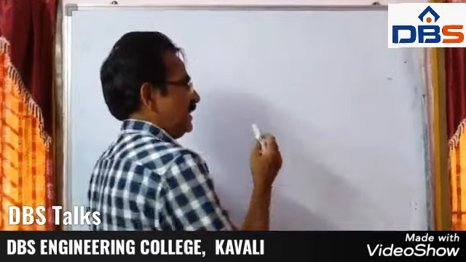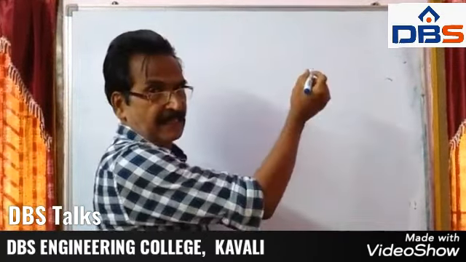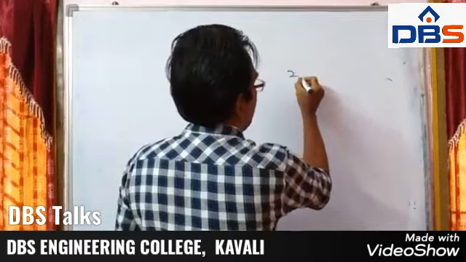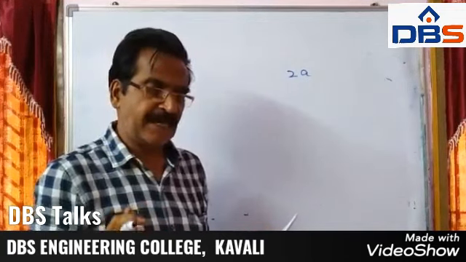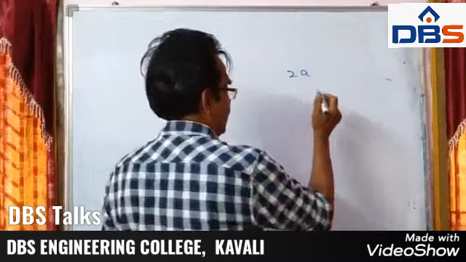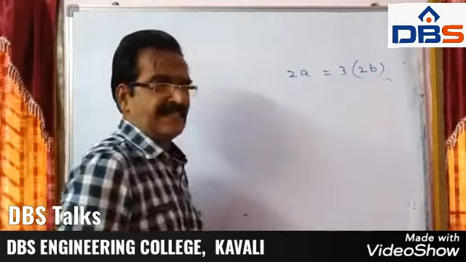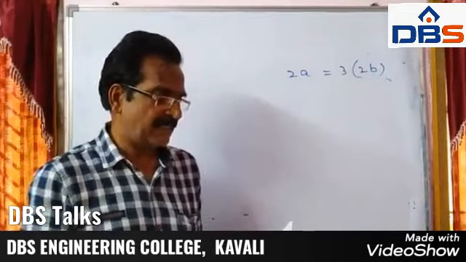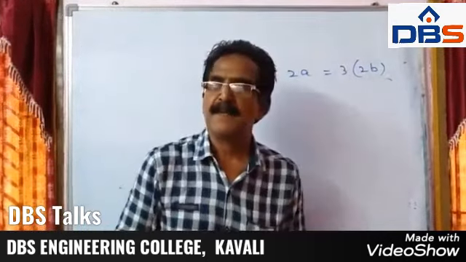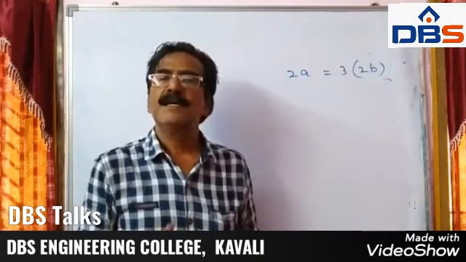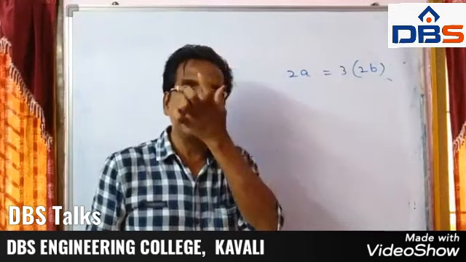The length of the major axis is 2a and the length of the minor axis is 2b. The problem says if the length of the major axis of an ellipse is 3 times the length of its minor axis, then find the eccentricity of the ellipse.